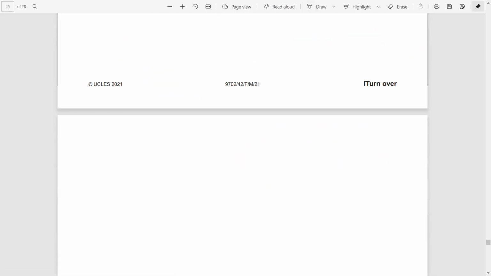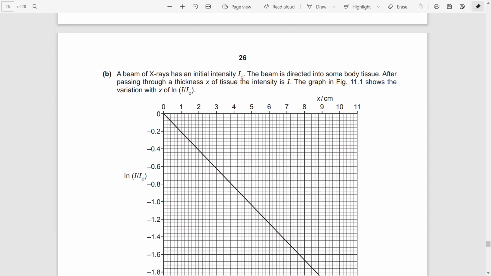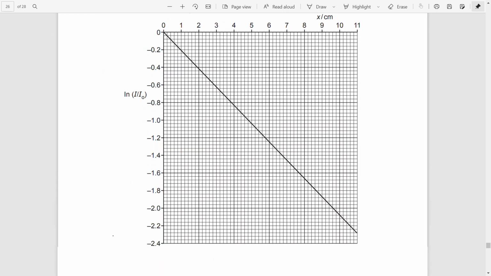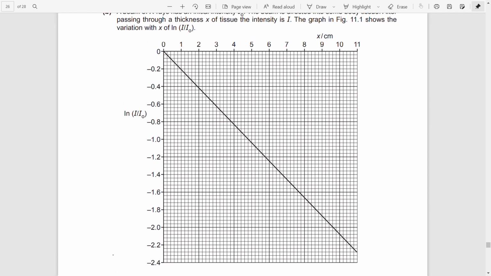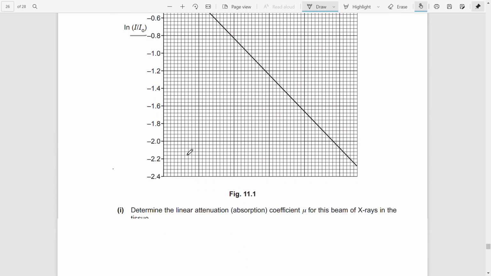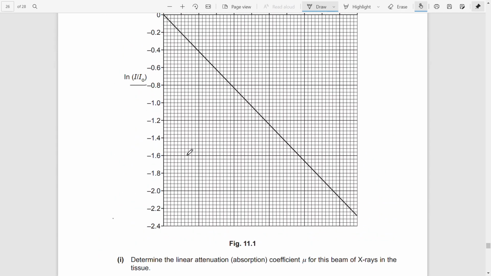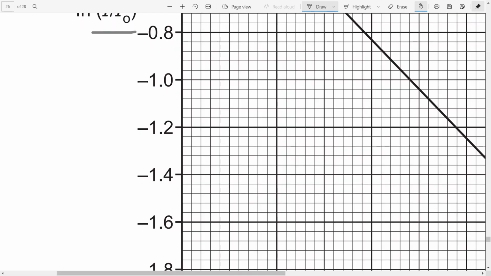All right, the next question. X-rays are incident directly onto some body tissue, after passing through a thickness x of tissue. So this is the graph of X-ray intensity, and I think you remember this part. You have I equals I naught e to the power minus mu x.